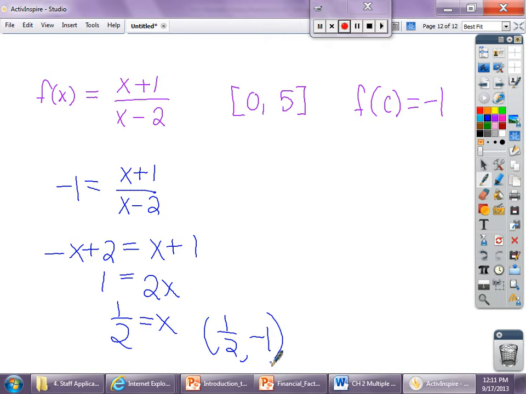Substitute it in. As long as I did my math right, it is literally -1. So what went wrong? I don't care that it's not continuous. Where do I care about continuity? Only where they ask me to care about it. That's the only place I care about it. But what's happening inside of there? What happens at x equal to 2?